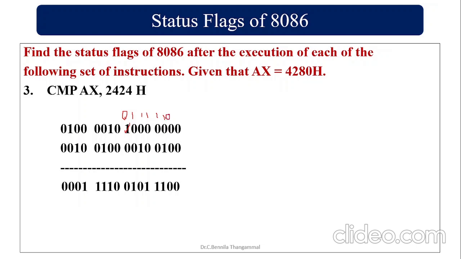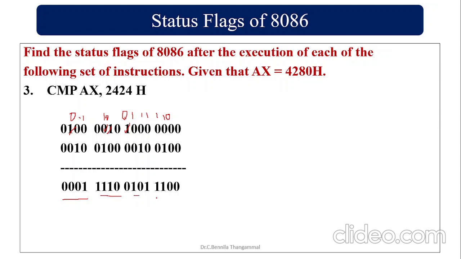Then 10 minus 1 is 1, 1 minus 0, 1 minus 0, 1 minus 1 is 0, 0, 1 minus 1, 0 minus 0. Similarly, I will be performing this one. I will take this as 0, and then everything will be 1, and this one will become 10. So I subtract, and then I get this value.